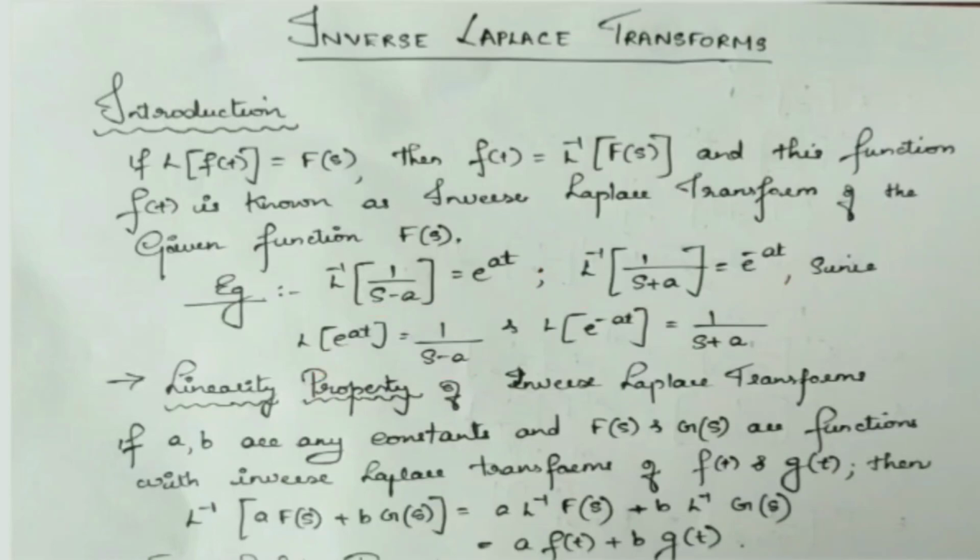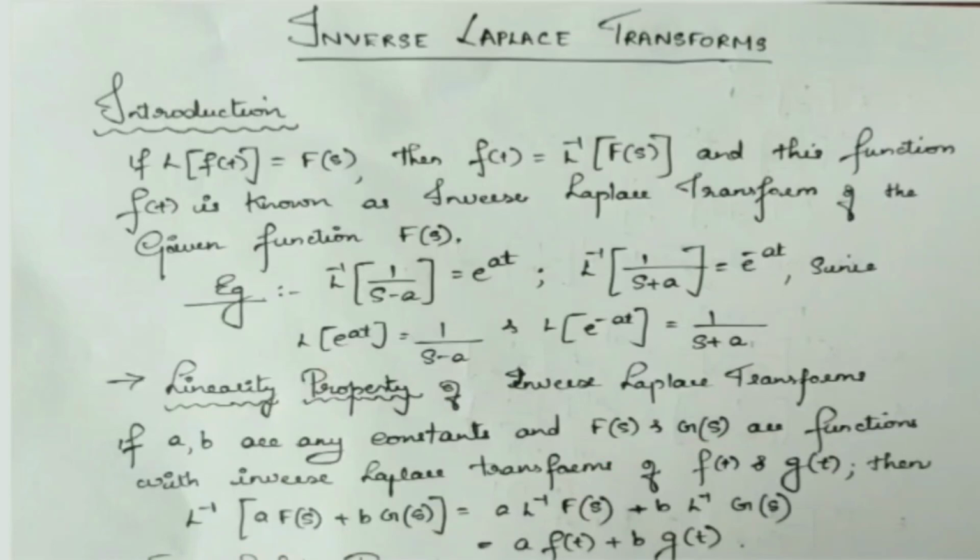Now let's move on to the properties. First, the linearity property of inverse Laplace transforms. If a and b are any constants and F of s and G of s are functions of s, then we'll have Laplace inverse of a F of s plus b G of s is equal to, we can split these two terms, that is a Laplace inverse of F of s plus b Laplace inverse of G of s.